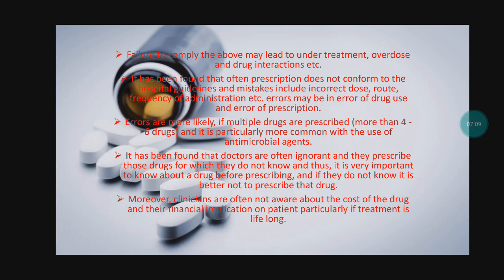Doctors are often ignorant and prescribe drugs they do not know about, so it is very important to know about a drug before prescribing, and if they do not know, it is better not to prescribe that drug. Moreover, clinicians are often not aware of the cost of the drug and its financial implication for the patient, particularly if treatment is lifelong.